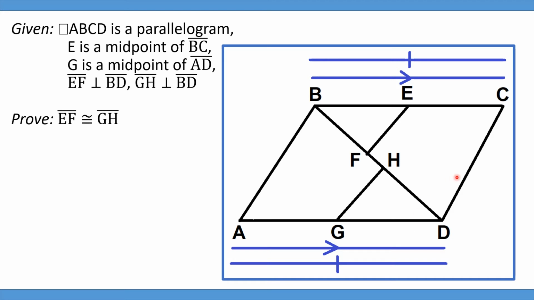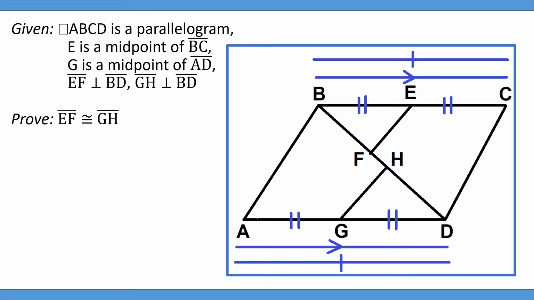Now, it could be both sides, but as you can see, I focus on this side because it is where I can see the two triangles that I could possibly consider in this proof. E is a midpoint of BC, which implies that line segment BE is equal to EC. G is a midpoint of AD, which implies that line segment AG is congruent to line segment GD.